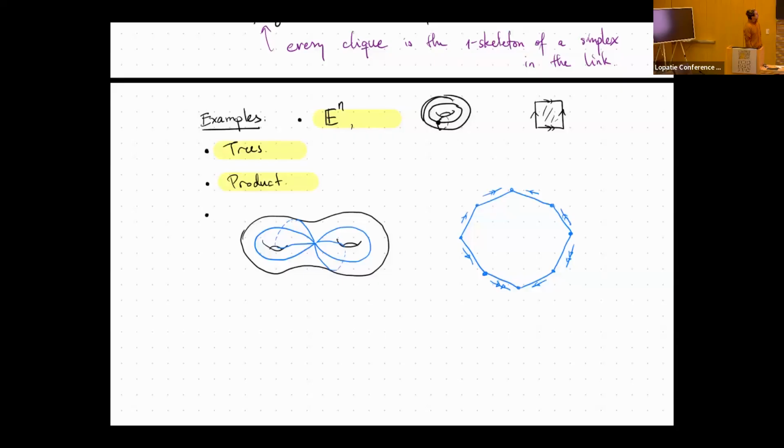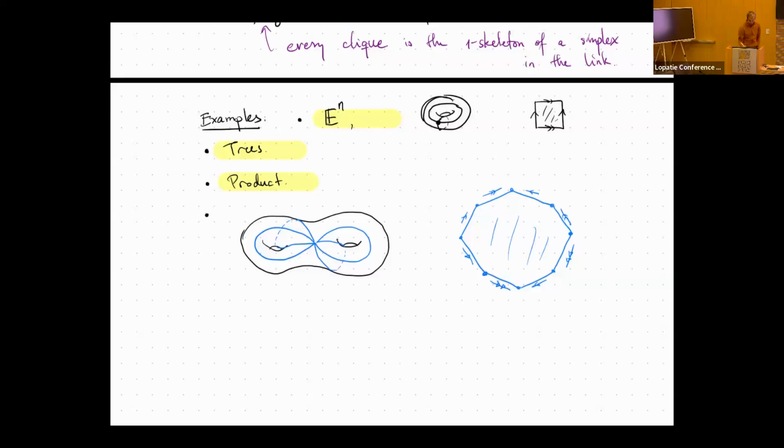Maybe a slightly more advanced example is this surface, the bagel with two holes, just the outside. You can obtain the same surface by cutting along the blue, and you get this octagon.